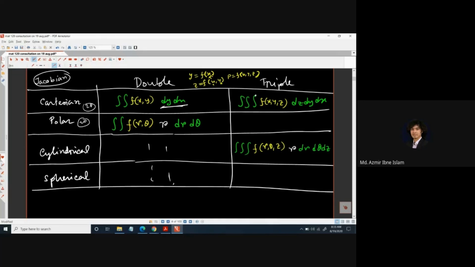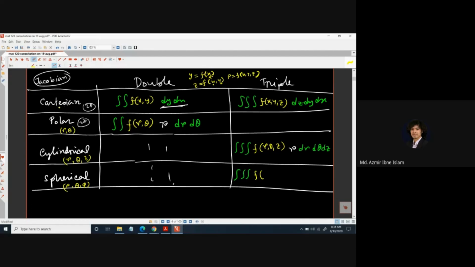Similarly, if we transform this triple integral from Cartesian coordinate system to spherical coordinate system, then we need f of, in spherical coordinate system, the point is denoted as rho theta phi. In cylindrical coordinate system, the point is denoted as r theta z. In polar coordinate system, the point is represented as r theta.